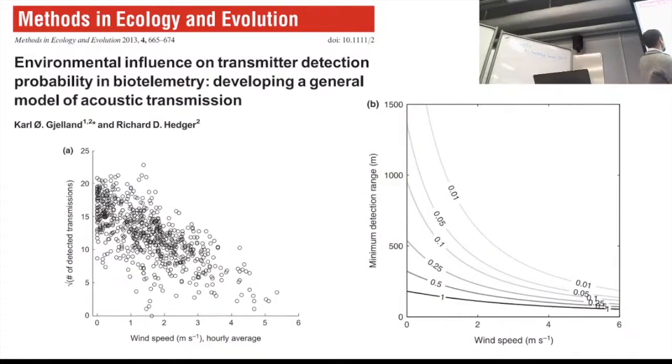So here we just have the number of detected transmissions across wind speeds, and we get this negative relationship. And then these are just predicted values here. So essentially, your detection radius is going to decrease as you have higher and higher wind speeds.